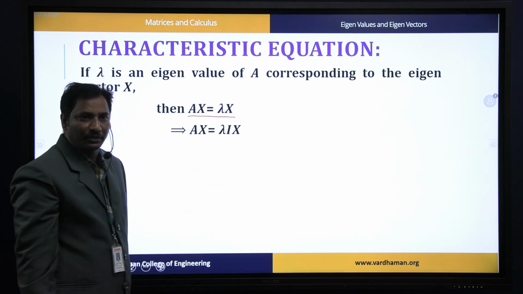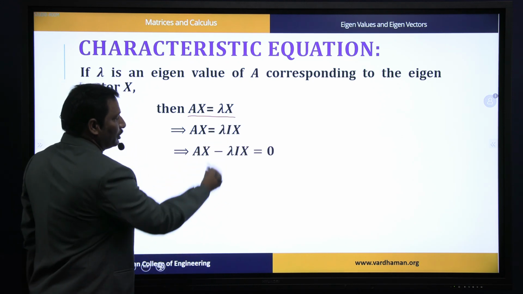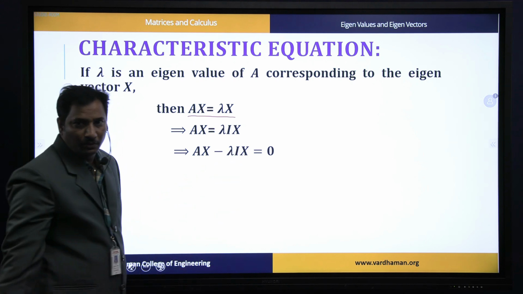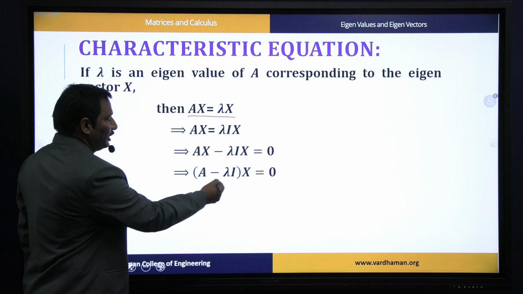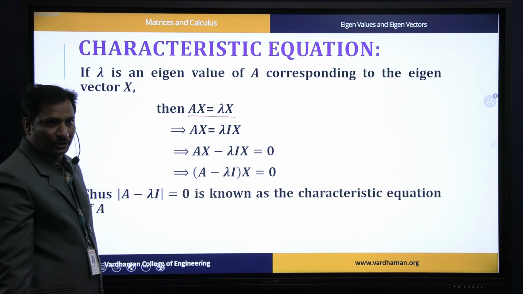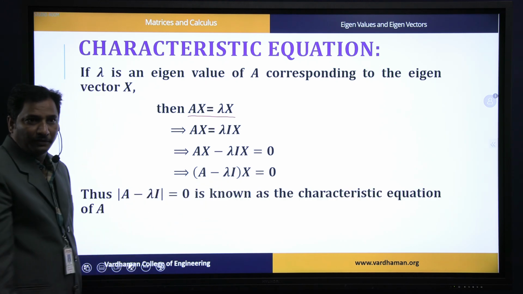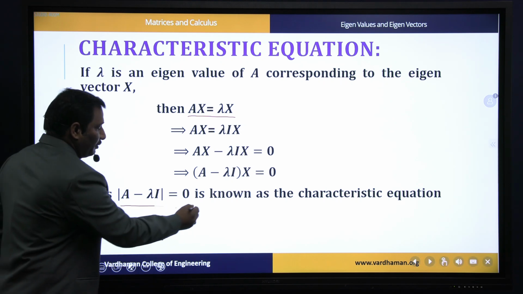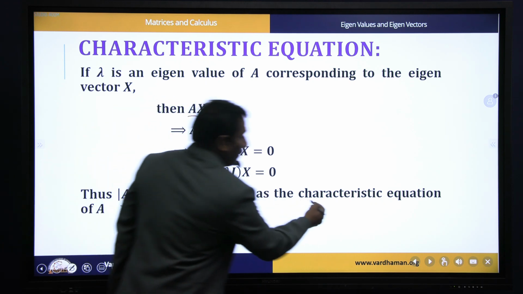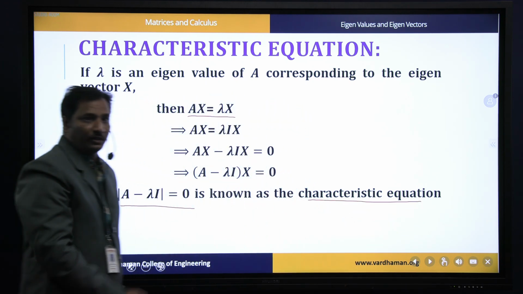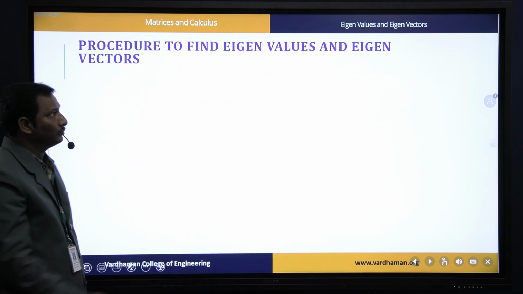So Ax minus lambda I x equals 0. Then take out the vector x common, so we get A minus lambda I times x equals 0. Then det of A minus lambda I equals 0 is called the characteristic equation of the matrix A.